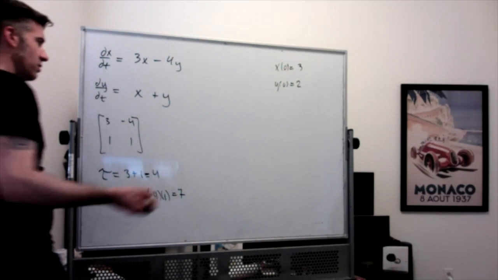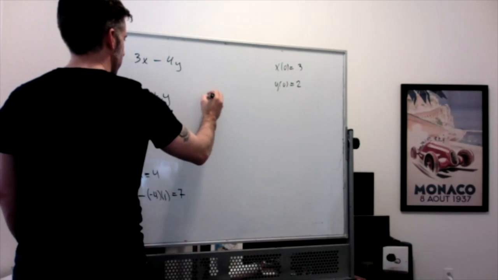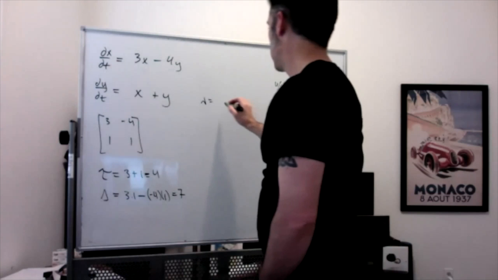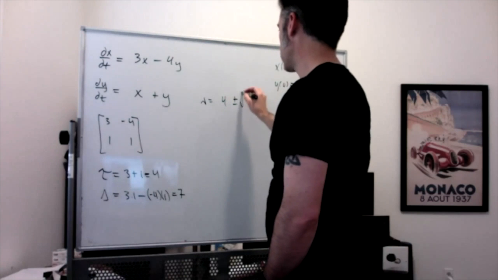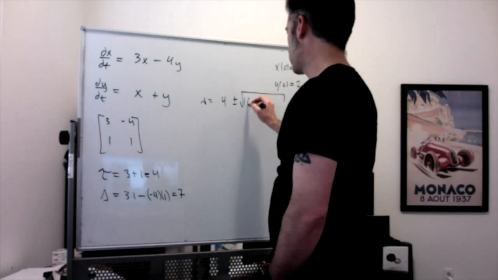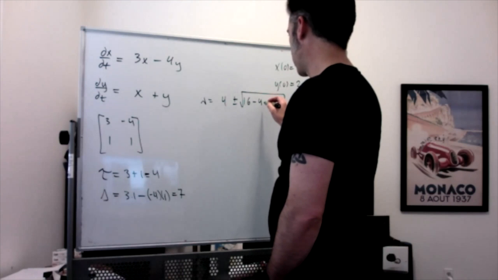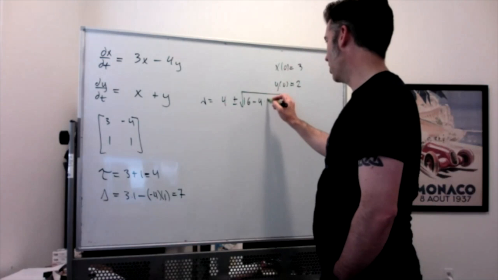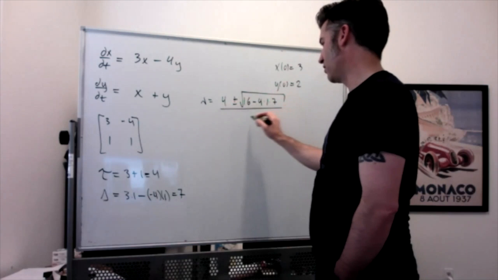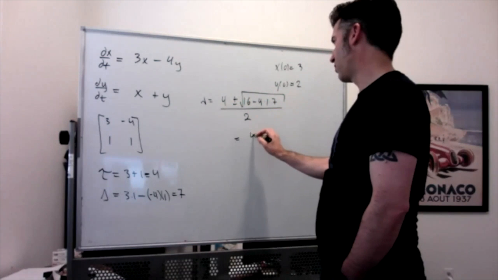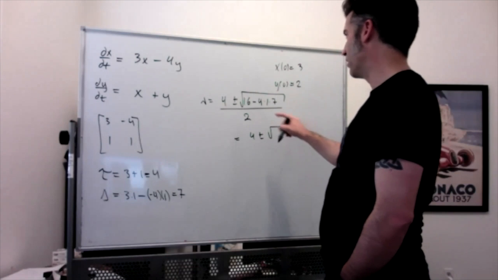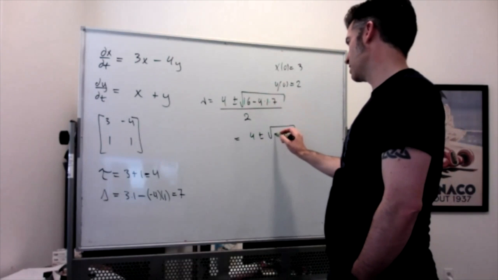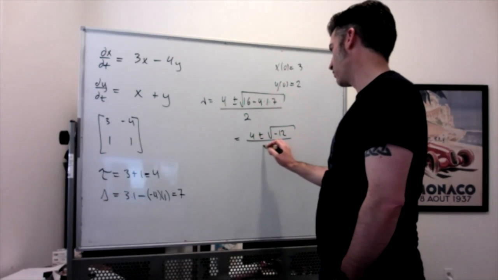Okay, so then my eigenvalues are the trace plus or minus the square root of the trace squared minus 4 times 1 times 7, all over 2. That's going to be 4 plus or minus the square root of 16 minus 28, which is negative 12, all over 2.